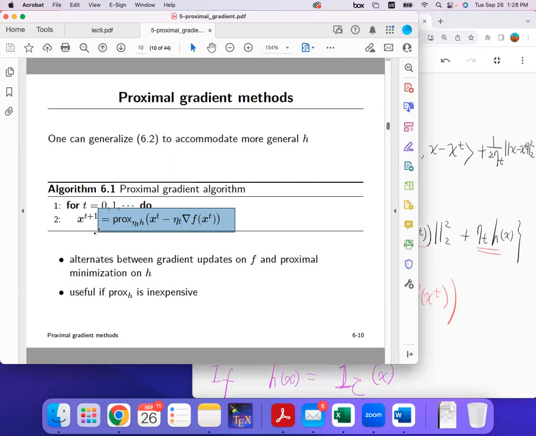And then you just need to figure out how to implement this proximal operator, just like in projected gradient descent, we had to figure out how to do that projection. If the projection is complex, then the problem may be hard to solve. But we do see many examples where the projection can be done analytically. So this algorithm will be useful if that operator can be implemented in an inexpensive way.